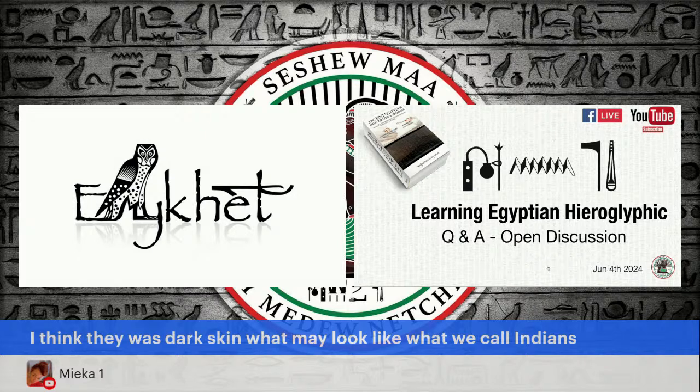But I guess my point for sharing that, because I had the picture up anyway, is that for people to look at Egypt and argue over colors is really silly.